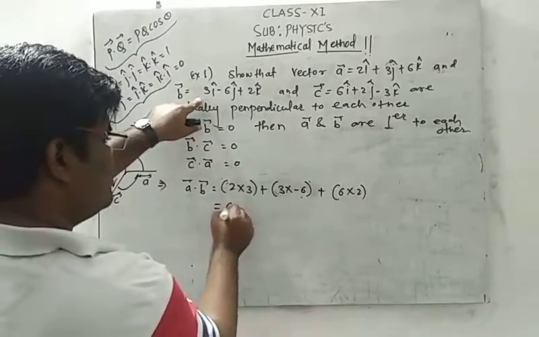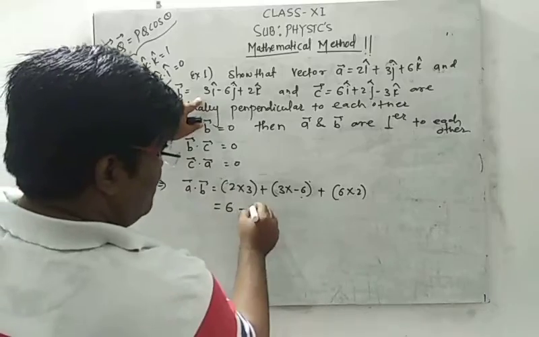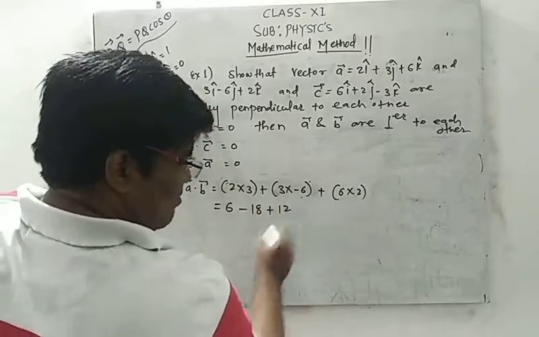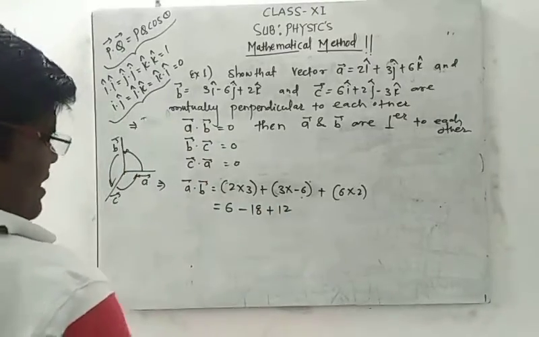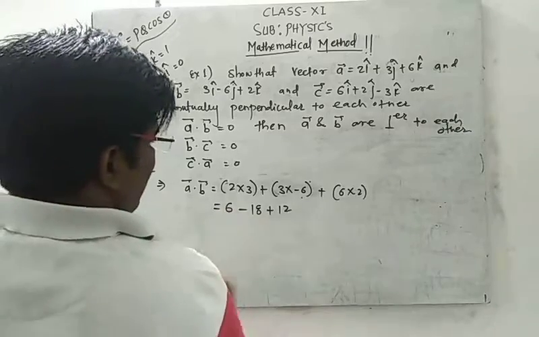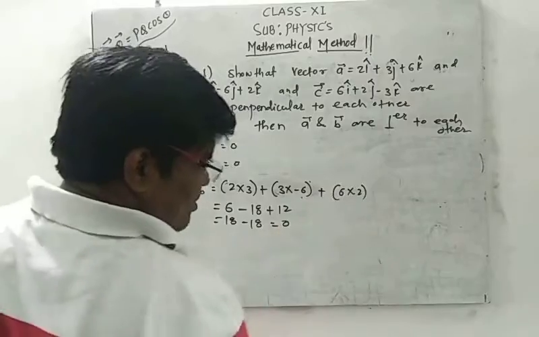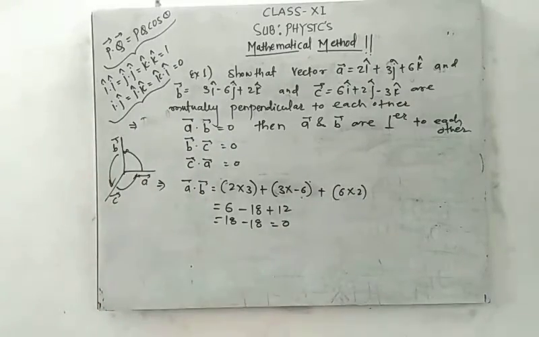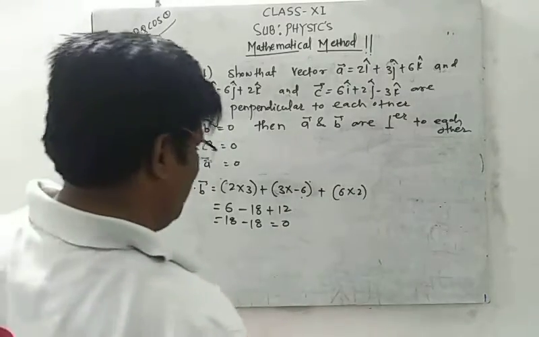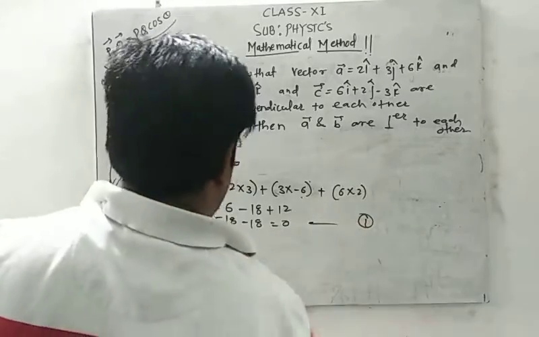So 6 minus 18 plus 12, that is plus 18 minus 18, which is equal to 0. Then we can say a bar and b bar are perpendicular, right? This is equation number 1.